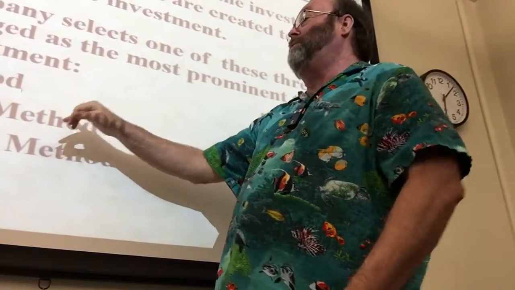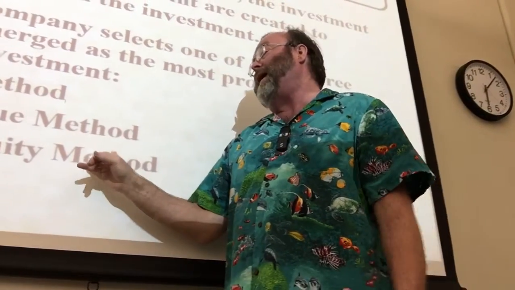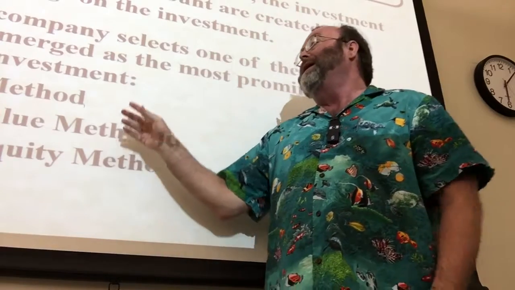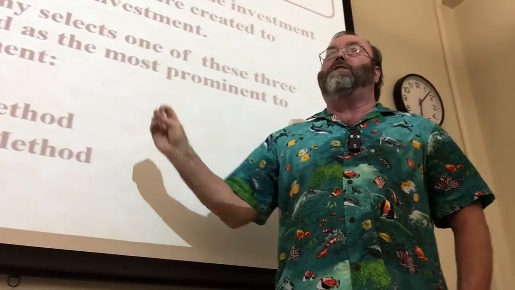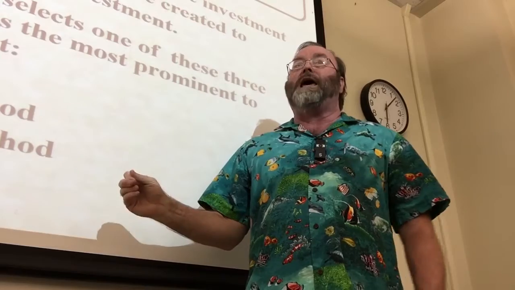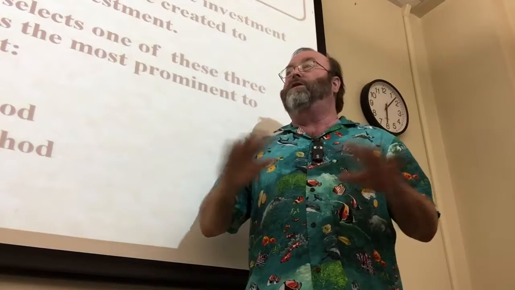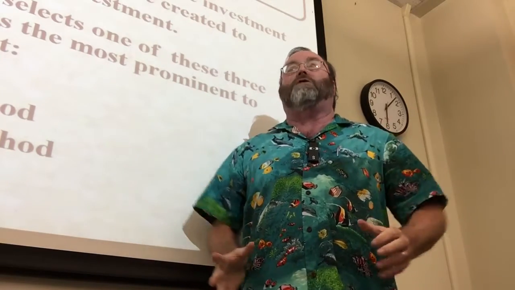All right, so we're going to focus on the equity method here. I just want you to know that in your chapters there is an initial value and a partial equity method. Even though they're allowable under U.S. GAAP, I know of no major publicly traded company that does anything but the equity method.